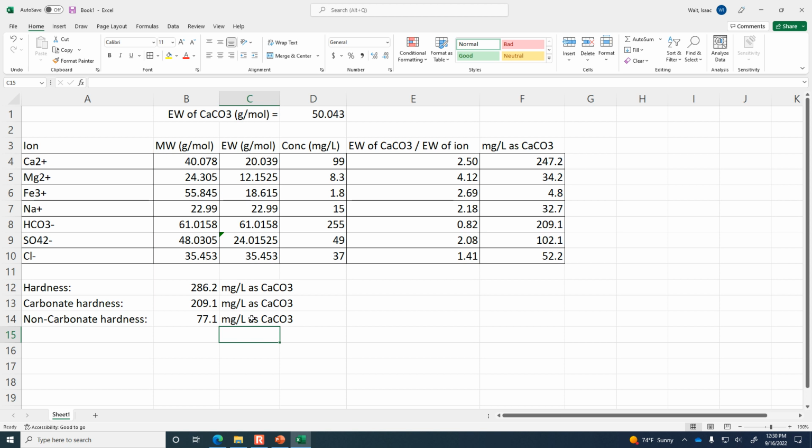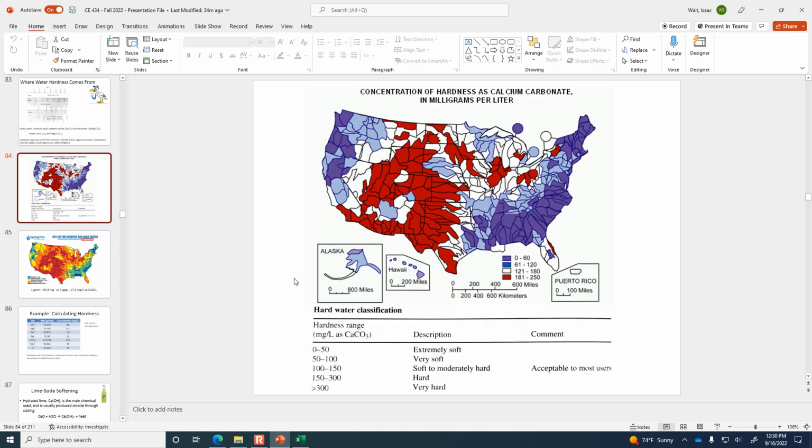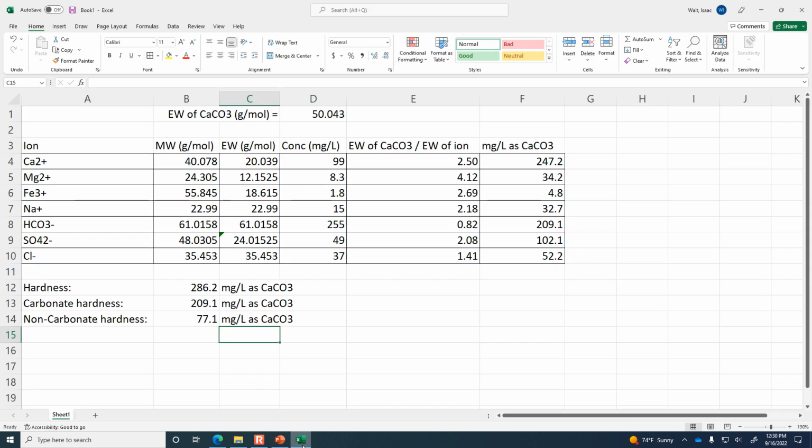So 286 milligrams per liter. Where does that put us into the comfort zone? That's in the hard range. We're approaching very hard. So probably this would be a candidate that would need water treatment. So then the question would be, will we be okay with just that single chemical, which would remove the carbonate hardness, or do we need to go all the way and also take out the non-carbonate hardness?